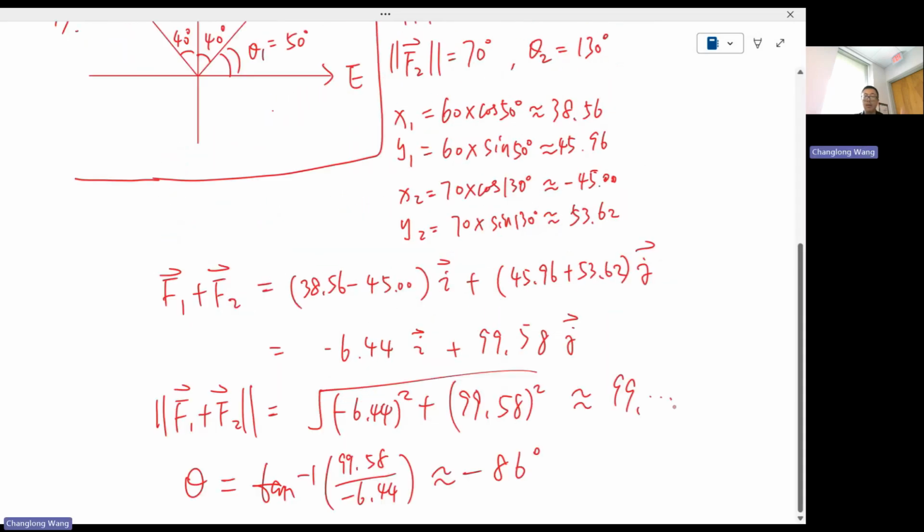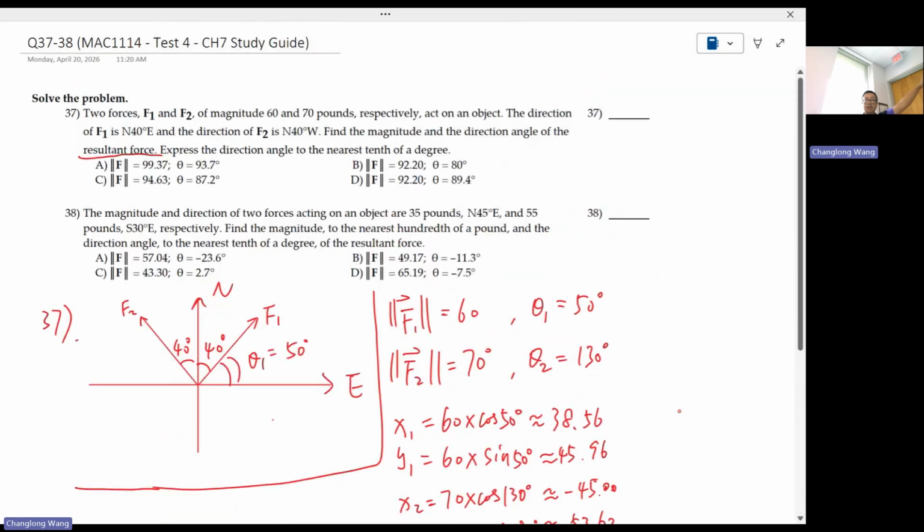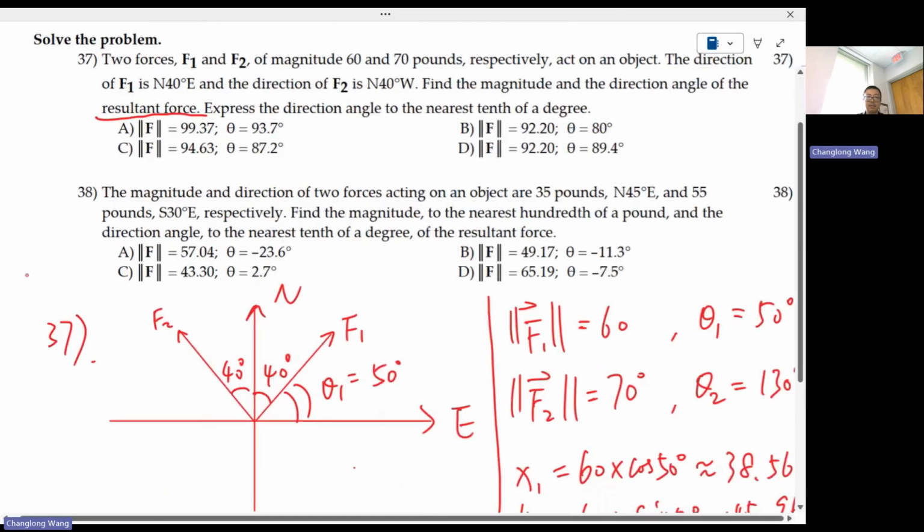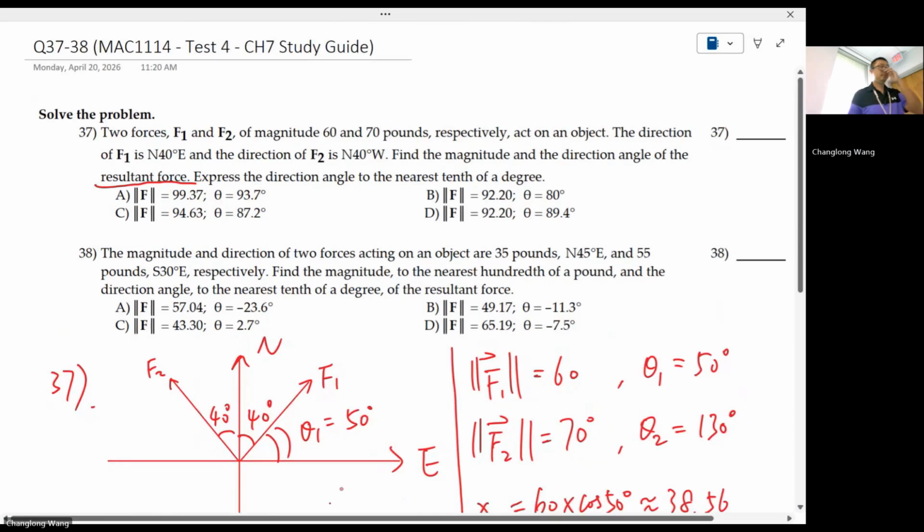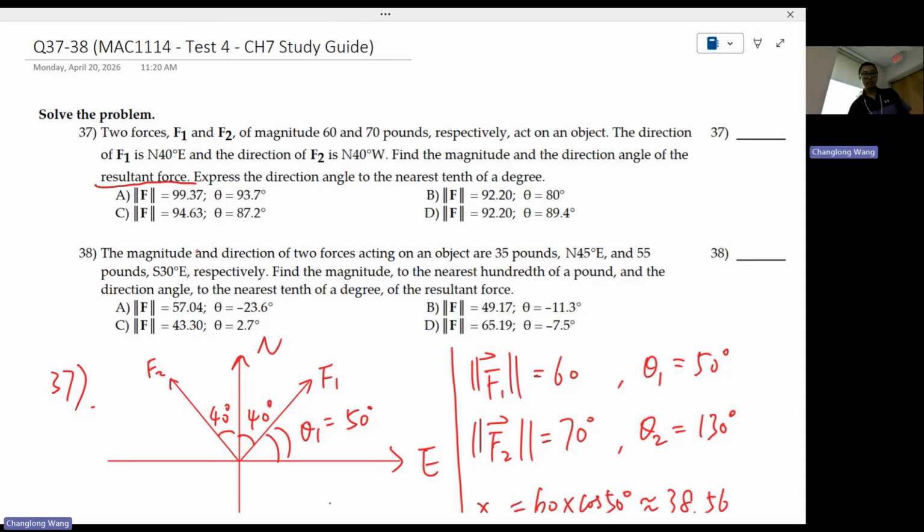Now remember the magnitude is something like 99 something, right? The angle is negative 86. Do you see an option that matches that? Well, at least letter A matches the magnitude, close enough. But why are they getting 90 something degrees, but I'm getting negative 86?